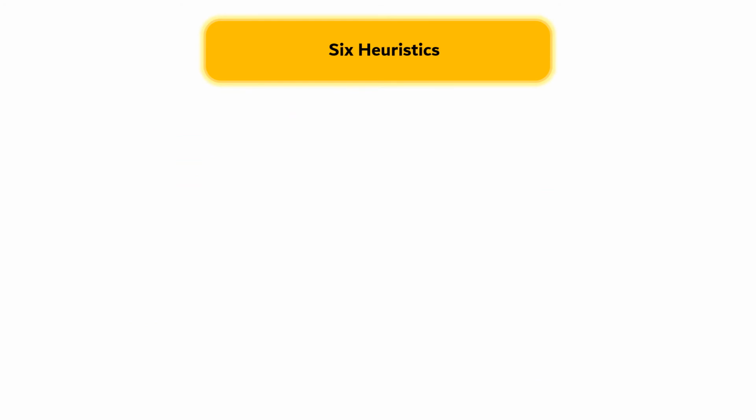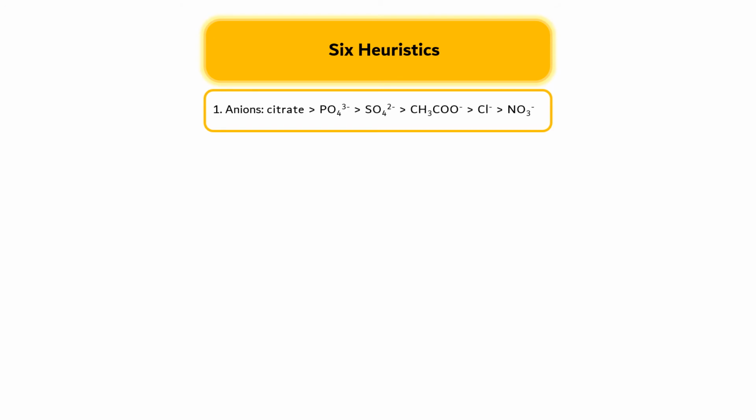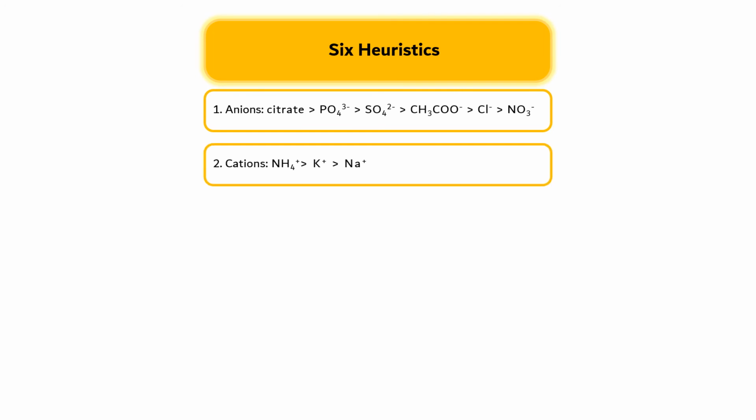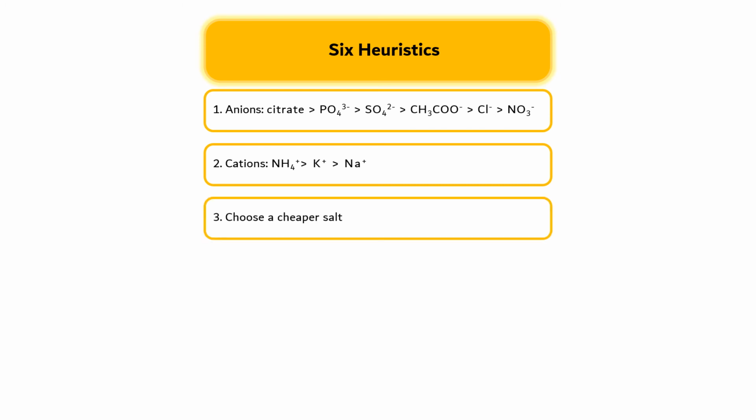There are 6 heuristics for choosing proper salts. First, anions are effective in the given order. These are part of the Hofmeister series, which includes other ions as well. Second, cations are effective in the given order. Third, choose a salt that is cheap because we will be using a lot of it.